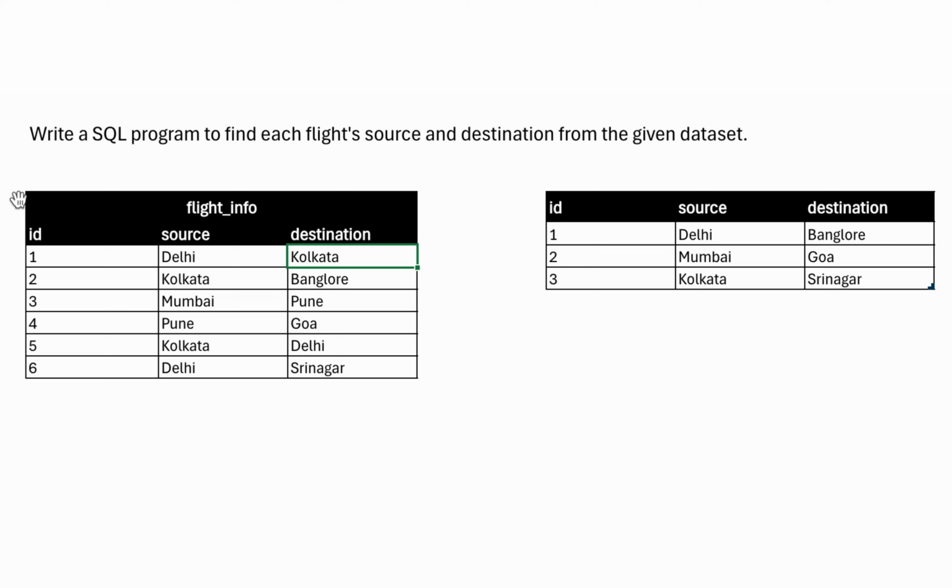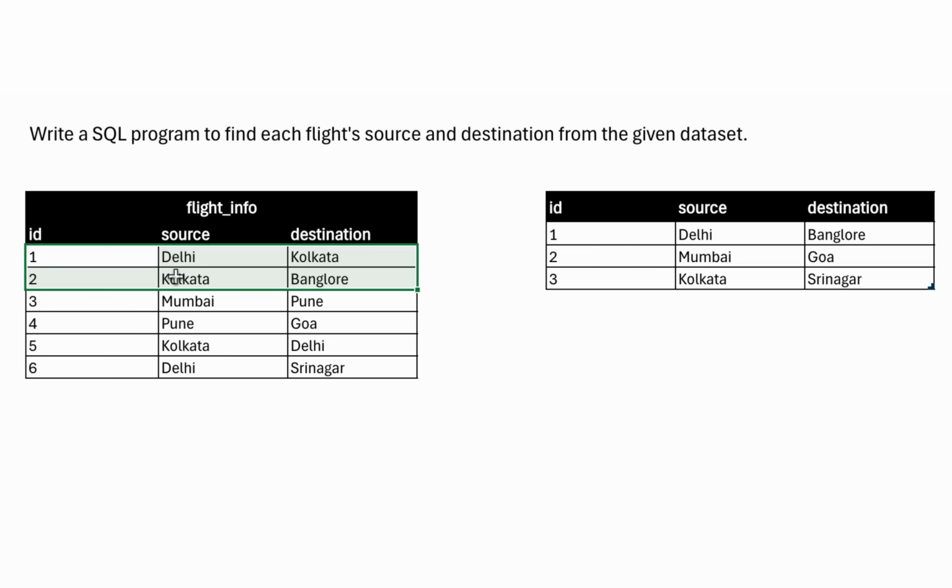From this flight info dataset we have to create a dataset in which we have ID, source and destination. So let's try to understand this problem first. Let's consider these two records, which are ID1 and ID2.